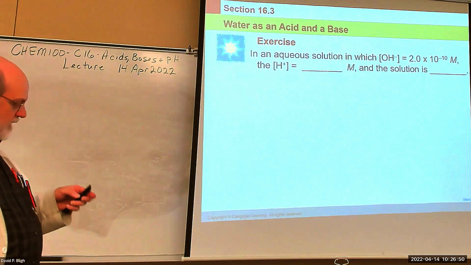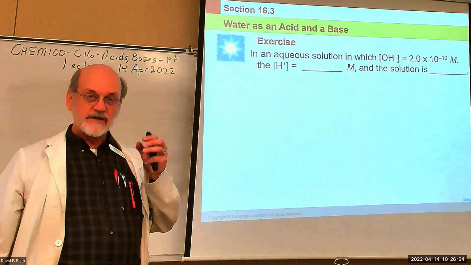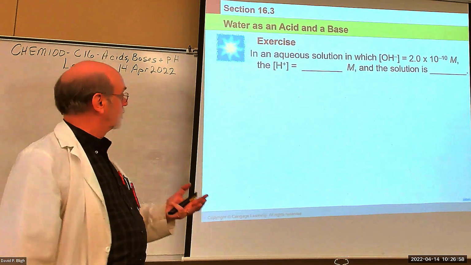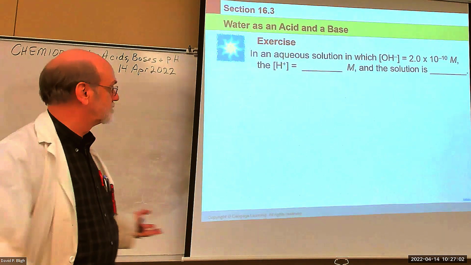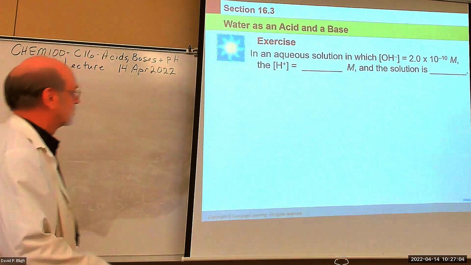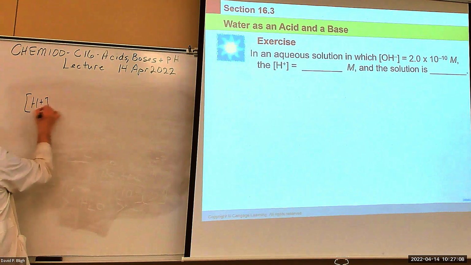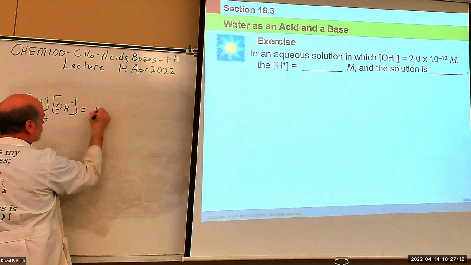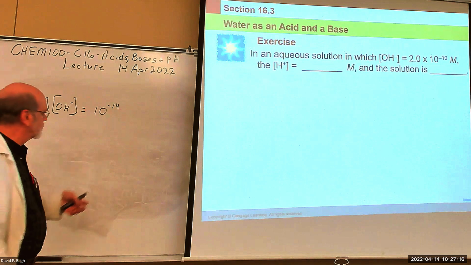So if we have a solution in which the hydroxyl ion concentration is measured at 2 times 10 to the minus 10 molar, what's the hydrogen ion concentration? Right? If we have this times this equals this, I left out the 1 because that's the same thing.